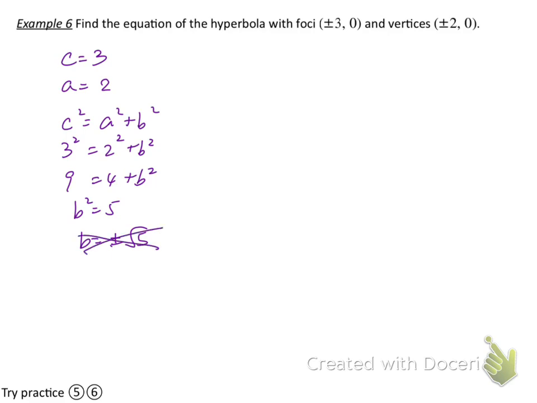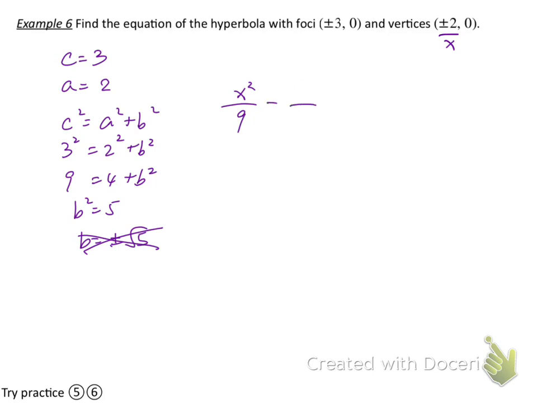You don't really need this because since the vertices are on the x coordinate, the x squared term is positive.